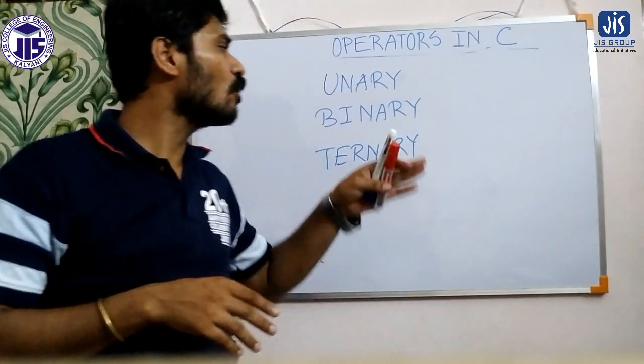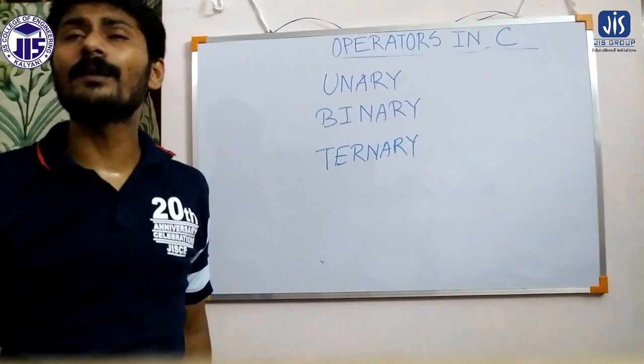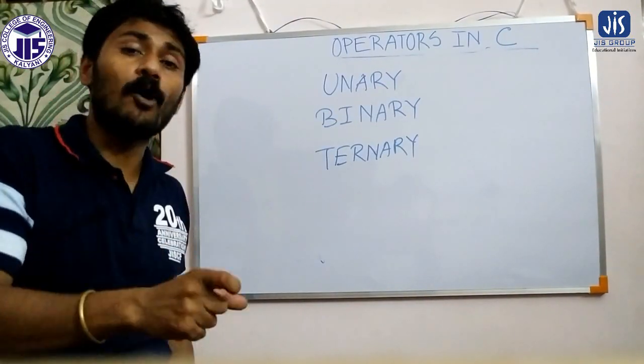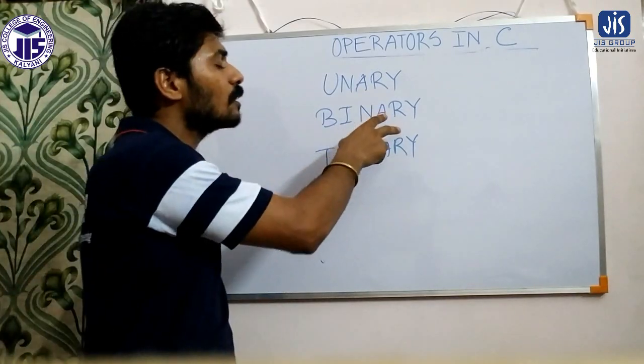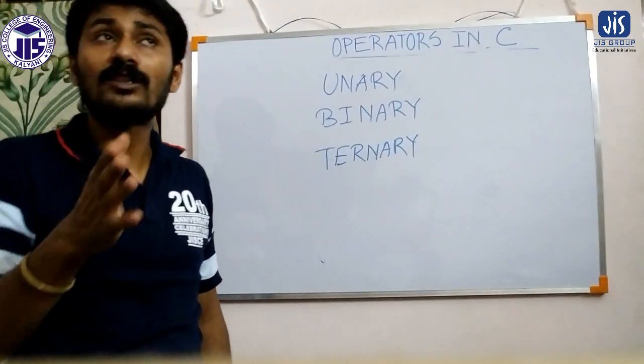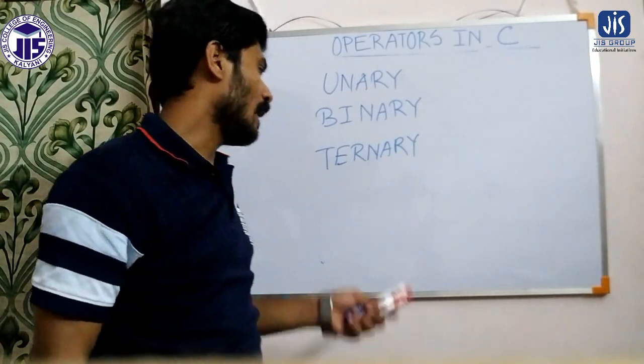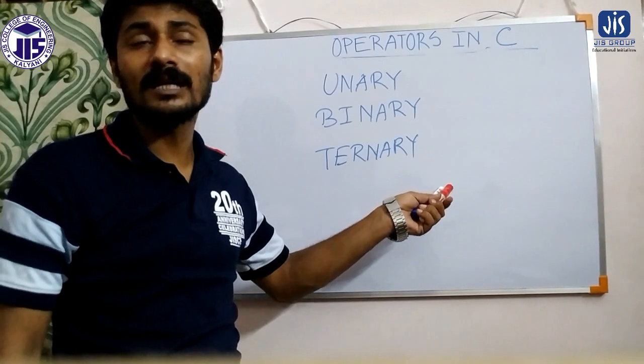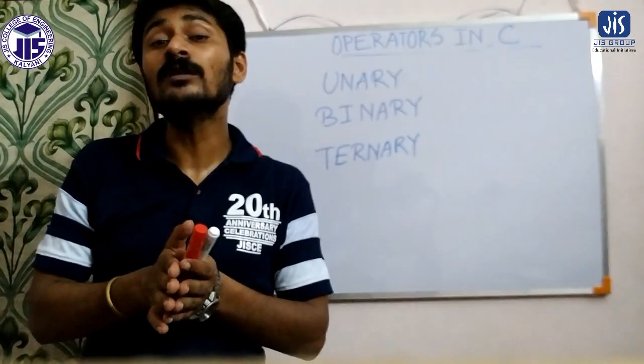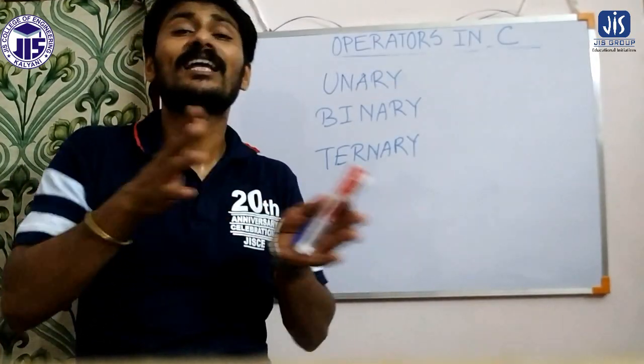For example, a unary operator means this operator will perform the operation on one operand. A binary operator means these operators will perform the operation on 2 operands, and a ternary operator means that these operations will be performed on 3 operands or 3 arguments.